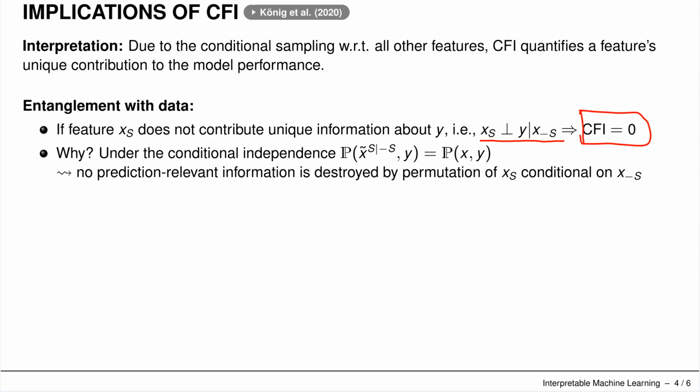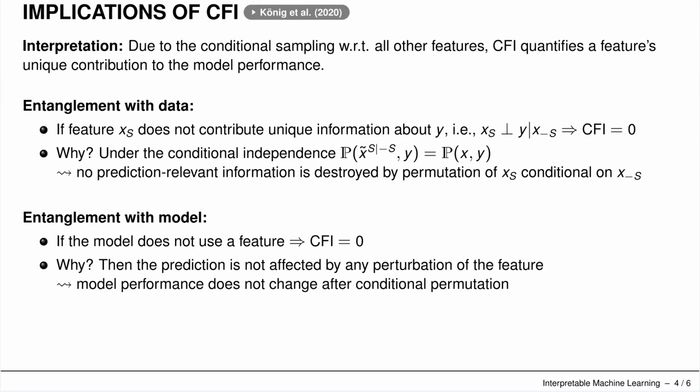That's because under the conditional independence, the joint distribution after permutation is the same. And that means no prediction relevant information is destroyed by the permutation when it's conditional on the other features.